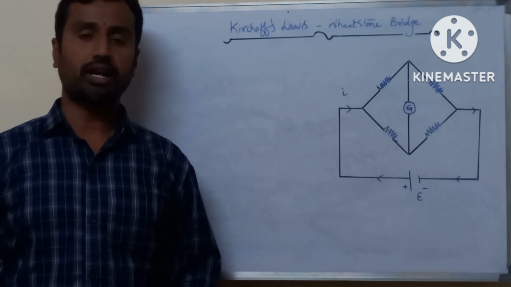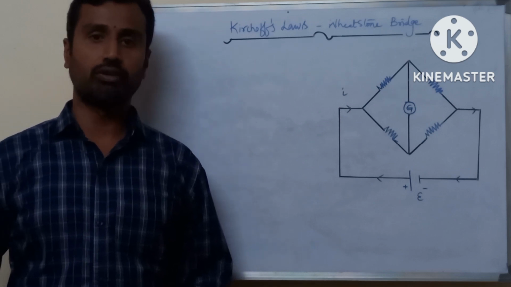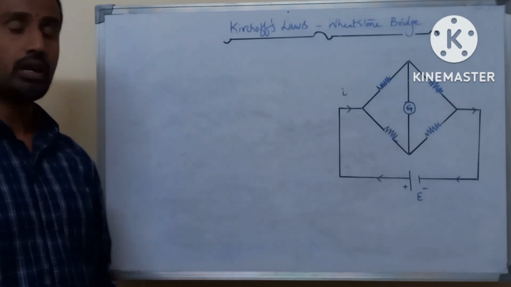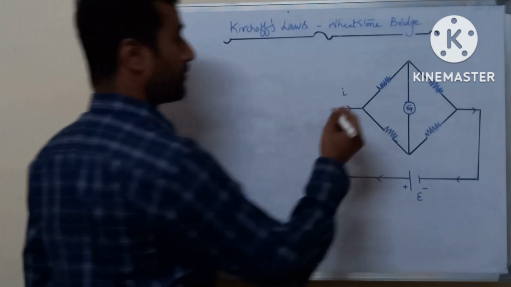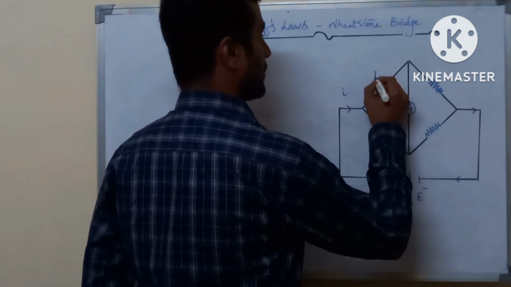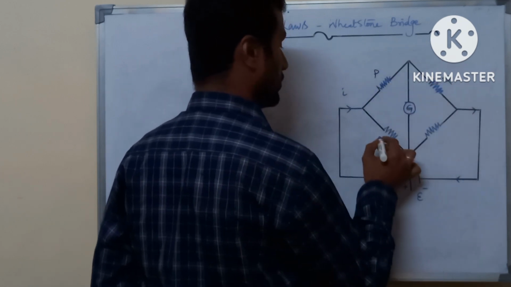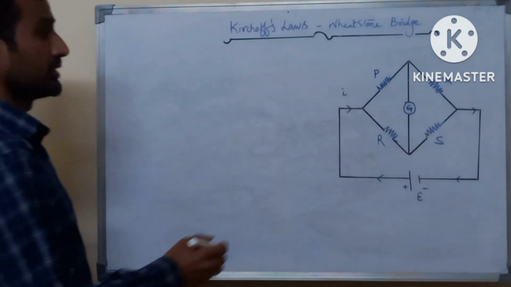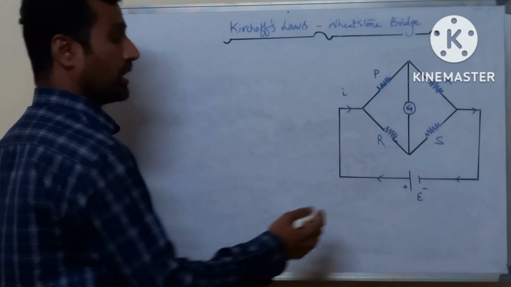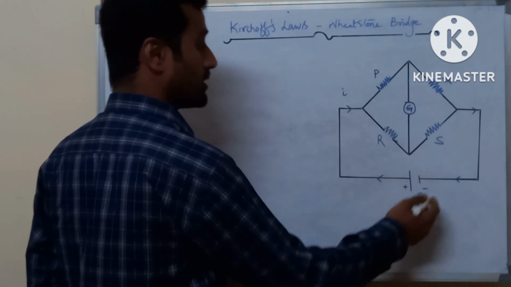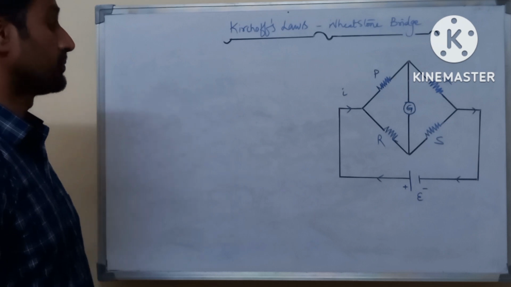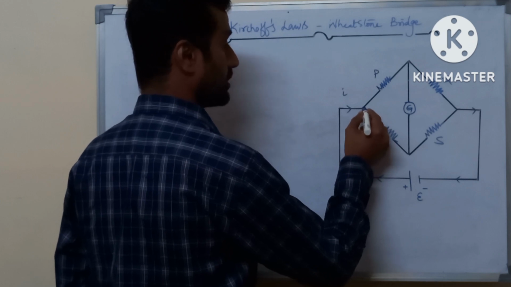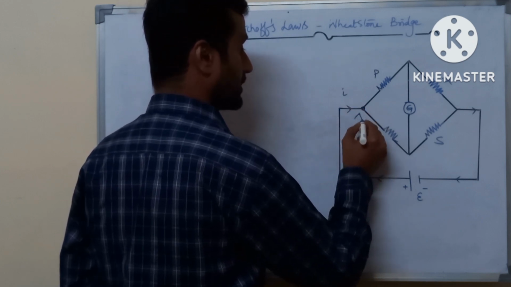Now, let us try to derive the balancing condition for the Wheatstone bridge by using Kirchhoff laws. A Wheatstone bridge consists of 4 resistors P, Q, R and S, and also a galvanometer and an external voltage source, that is a battery. Here in a Wheatstone bridge there are 4 junctions.